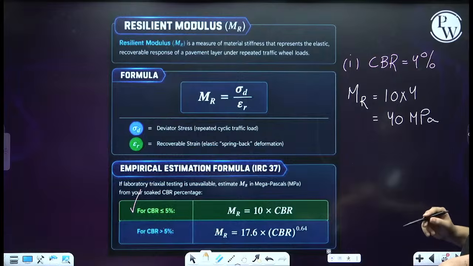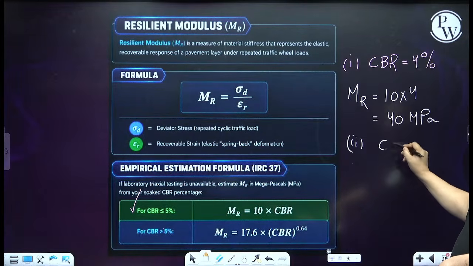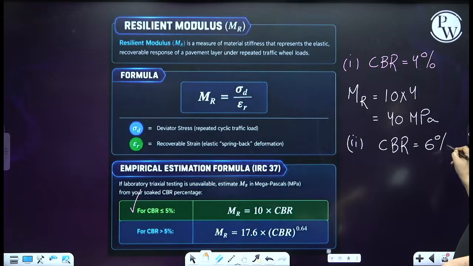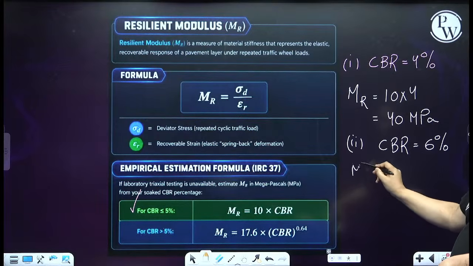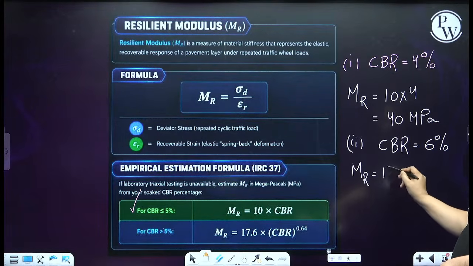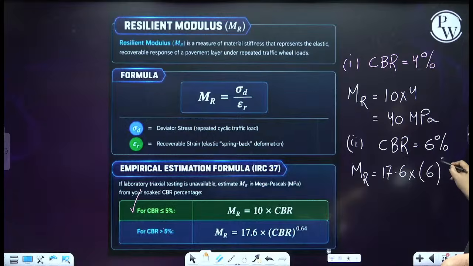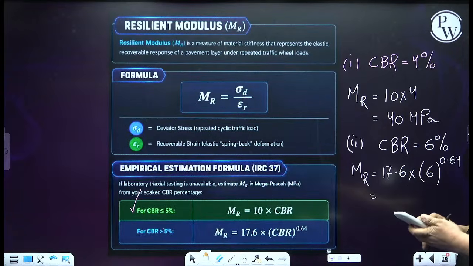Now suppose the CBR was 6%. In this case, the equation changes to MR equal to 17.6 into CBR, 6, to the power 0.64. So how much will I get? 6 to the power 0.64 into 17.6.